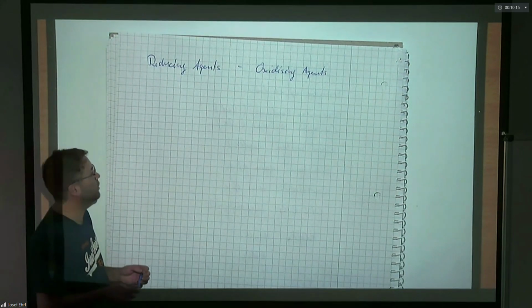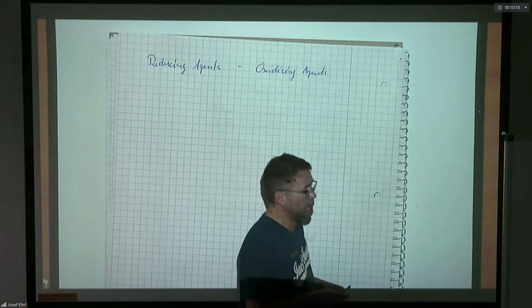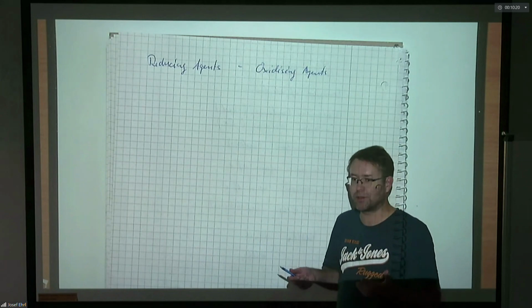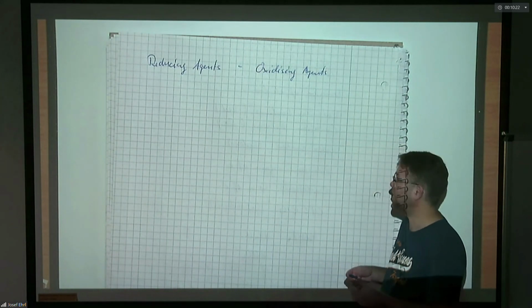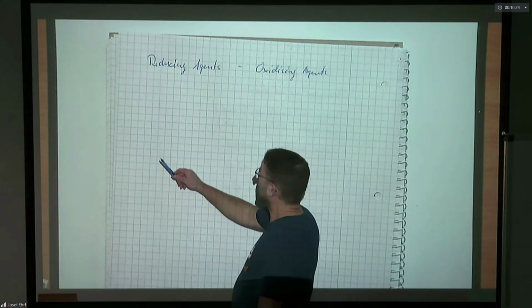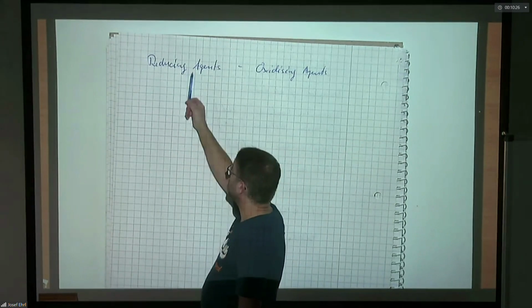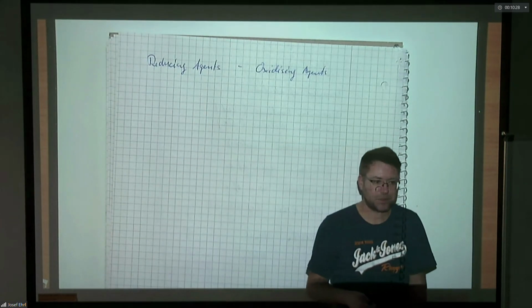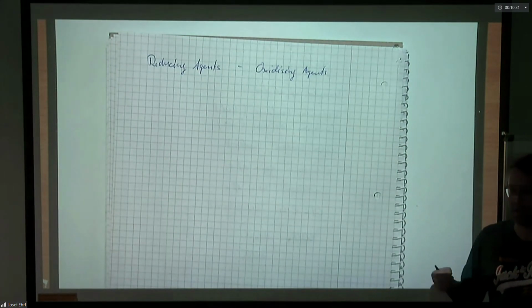What is a reducing agent and what is an oxidizing agent? Of course, we are still talking about the topic of redox reactions, so it has to do something with that. Let's start with reducing agents. An agent is some compound which does something.